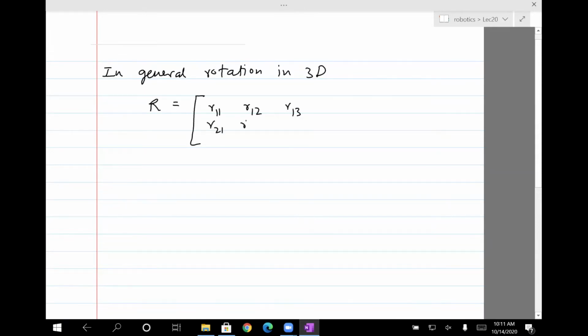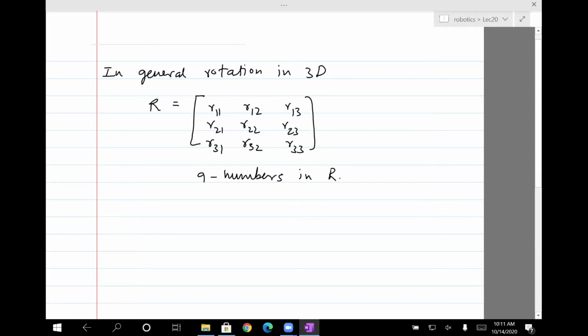So let's write it like this. Okay, if you count them, there are 9 elements, or 9 numbers, in R, as I've shown it here, right?